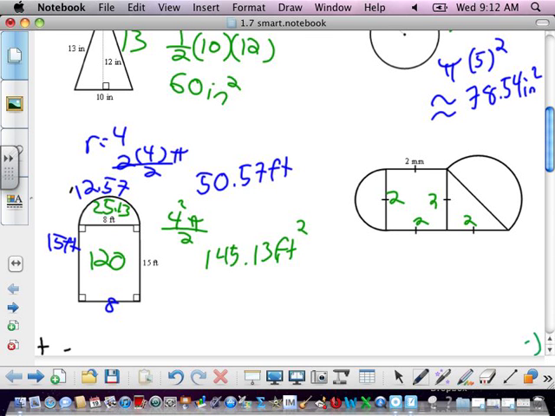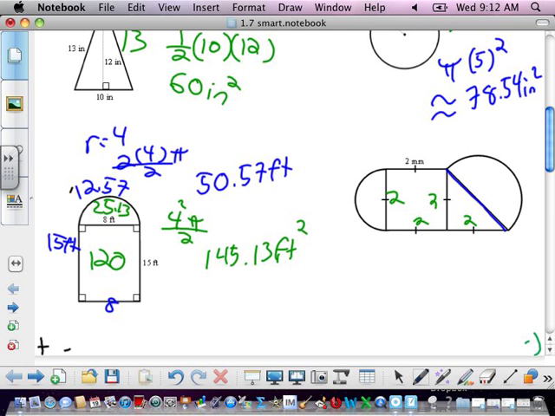So the problem is I can find the area of all of these except what? That last half circle. So I'm going to have to find this length right here. In order to do that, I'm going to use what? It's a right triangle. Who remembers how we find the hypotenuse of a right triangle?